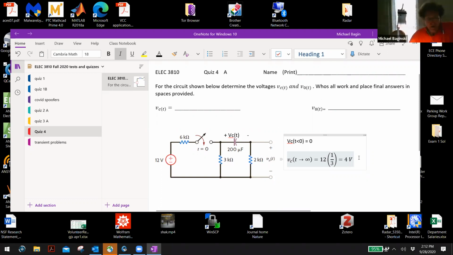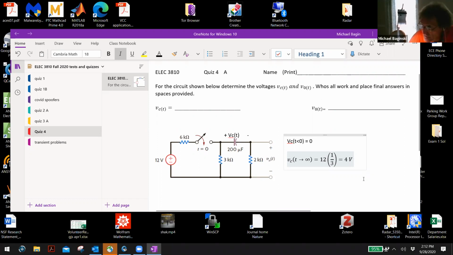Now, what is our Thevenin though? When the switch closes and you do the Thevenin equivalent resistance, just remove that capacitor mentally. Then you have this 2K, don't you? Yeah. And then you have 2K, and then there's 3K in parallel with 6, which is 2K, so you have 4K for our Thevenin, don't you?